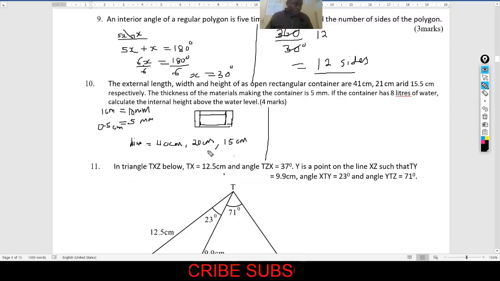Therefore we need to know the unoccupied volume, because we are told that the container has 8 liters of water, that is what is there already, and we know that 1 liter equals 1,000 centimeters cubed.